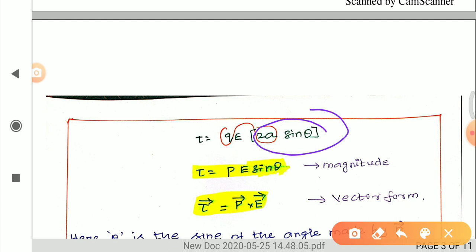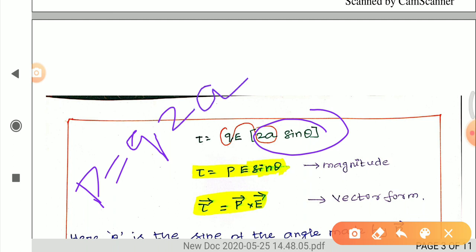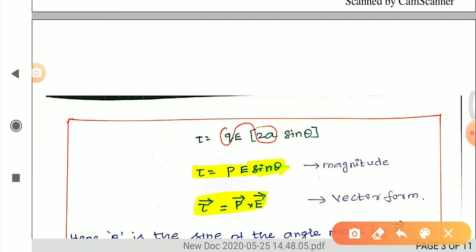Then we know that the dipole moment of any dipole is given by the product of one of the charges and the dipole distance, that is Q into 2a. That's why I encircled Q and 2a here, which is equal to P, the dipole moment, and E will be there. So tau is equal to P E sin theta.